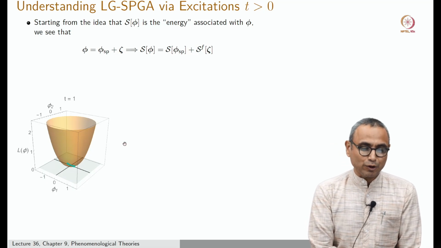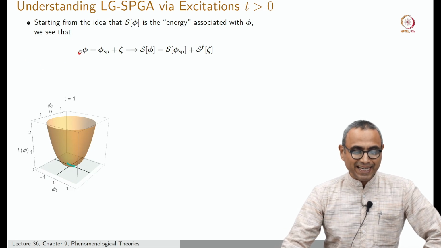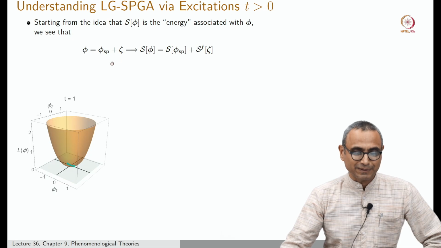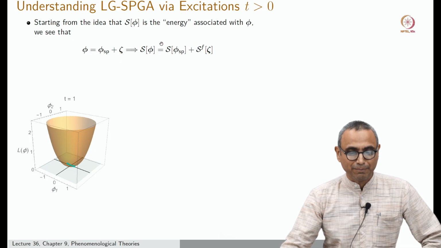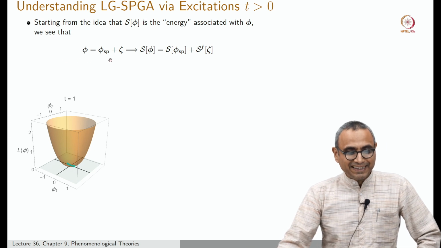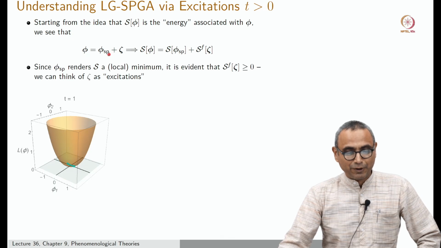The saddle point approximation says that you take any field configuration and you find some saddle point which extremizes or minimizes this energy, some local minimum, and you write a fluctuation about the saddle point.